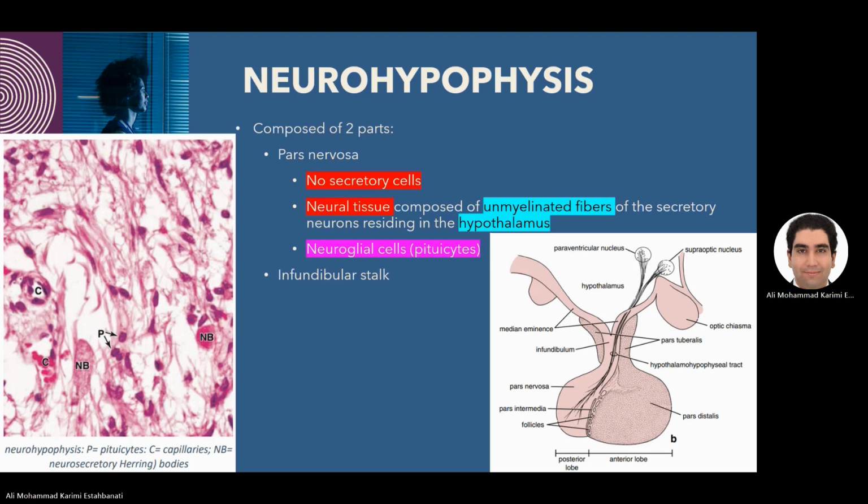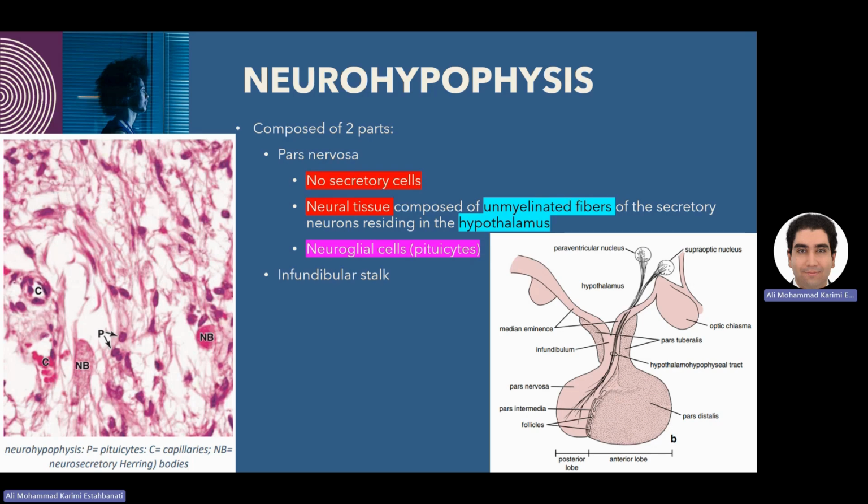However, it does have two important cells. It has Herring bodies and it has neuroglial cells, or pituicytes. These pituicytes are supporting cells for the neural tissue in that area.